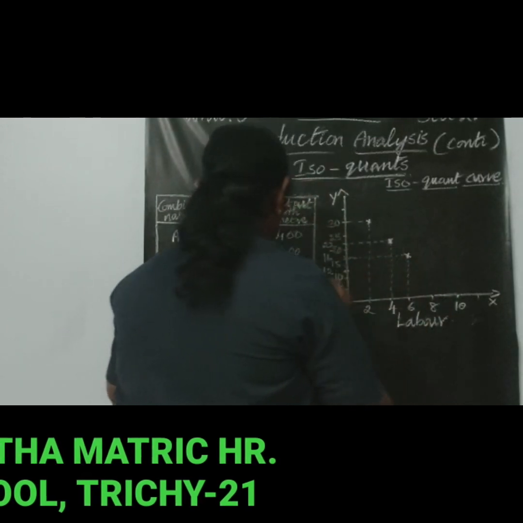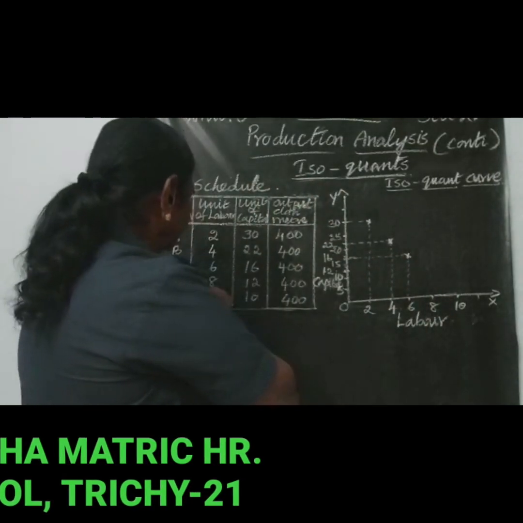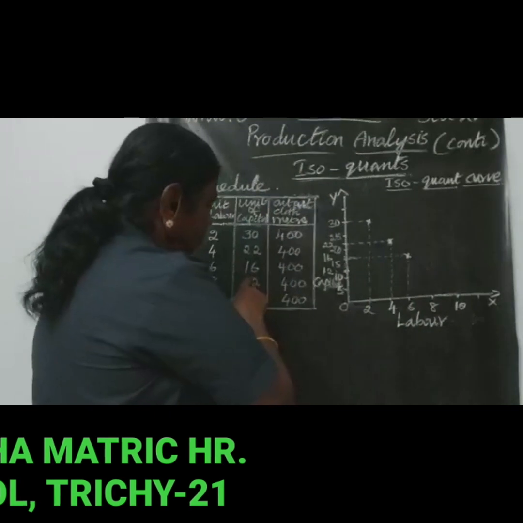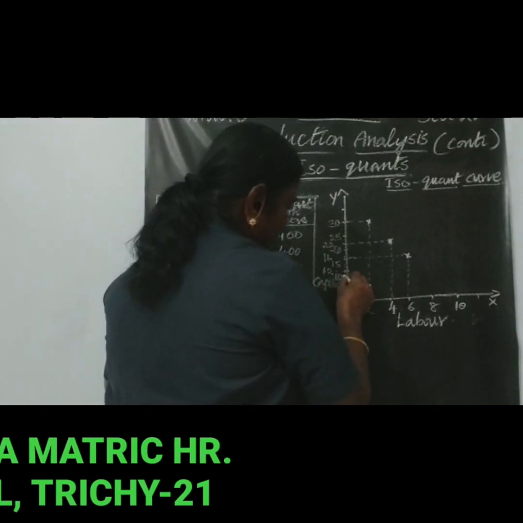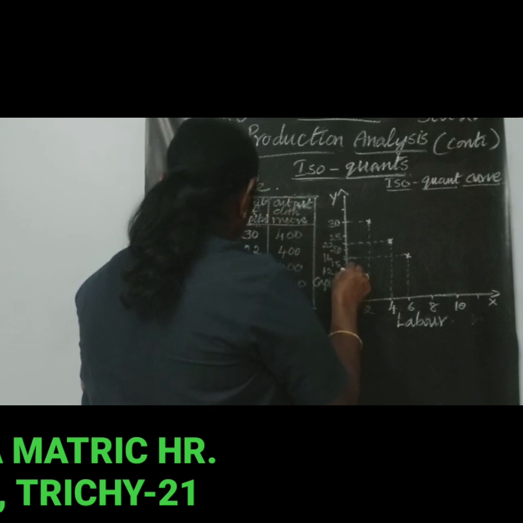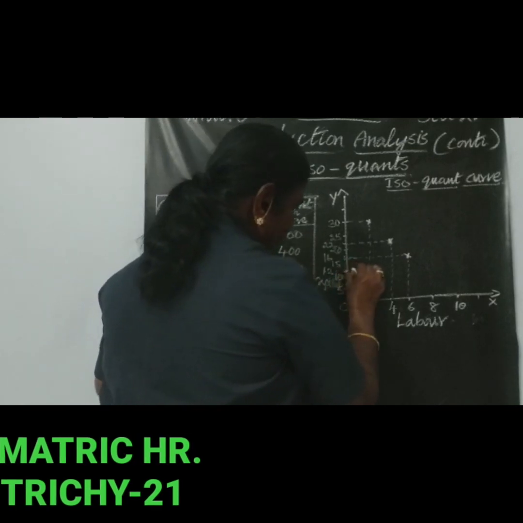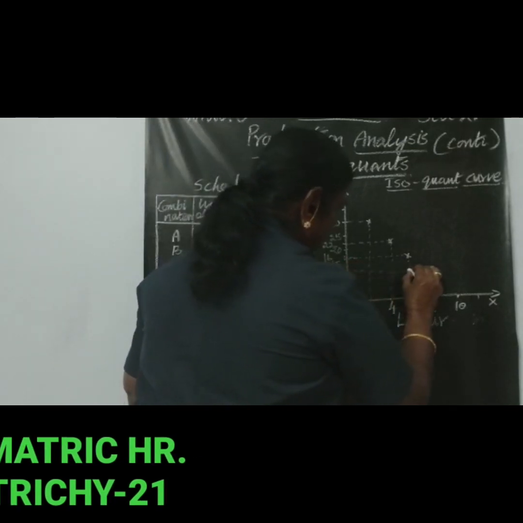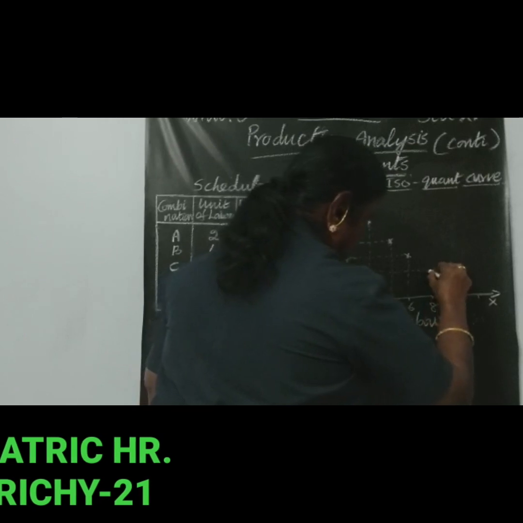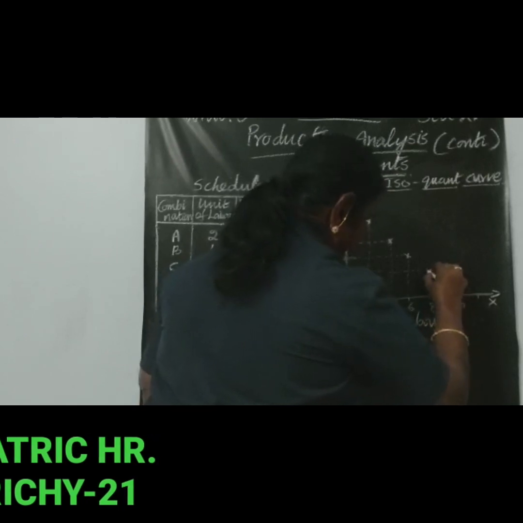8 units of labor for D and units of capital 12. So it goes for 8 units of labor.